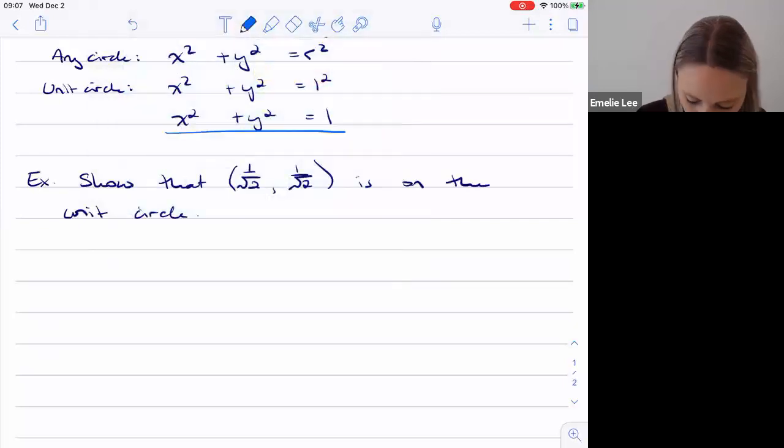So here, x is 1 over root 2 and y is 1 over root 2.